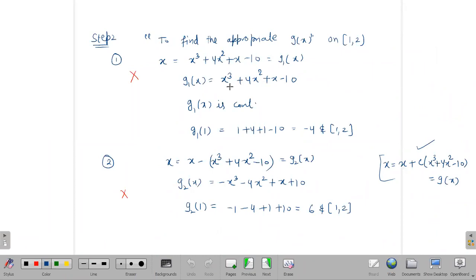But after taking any inappropriate g of x, you can go to the second step. Obviously, you can go to the second step. Means if you are not getting the appropriate g of x, if you take any random g of x, then what will happen? So I can show you one question here.